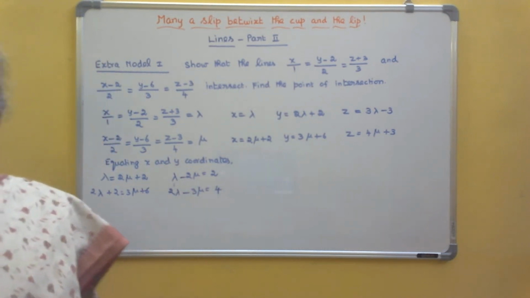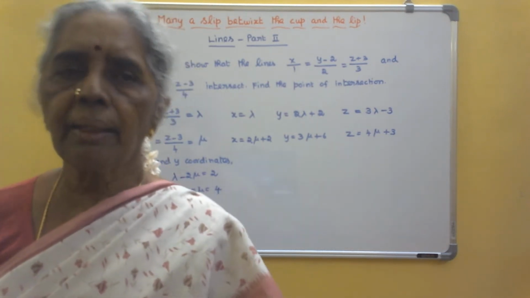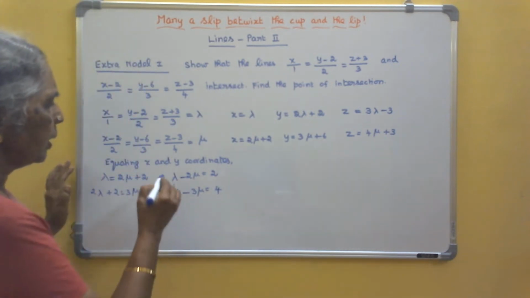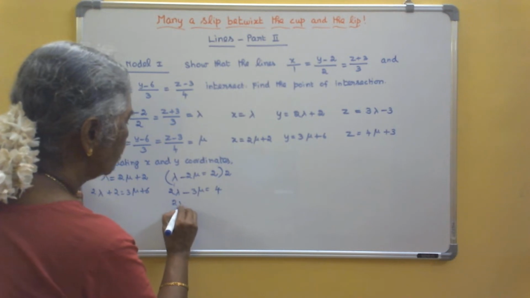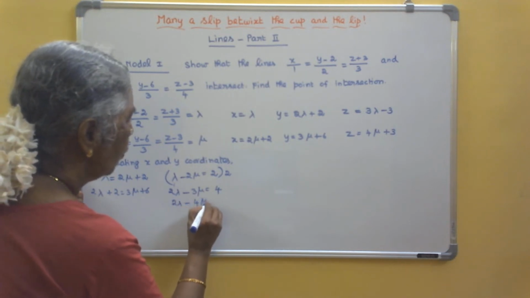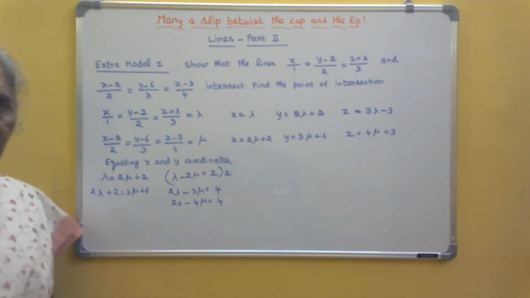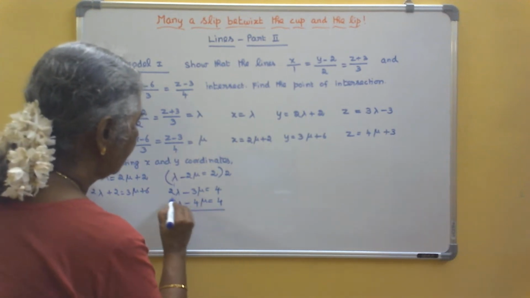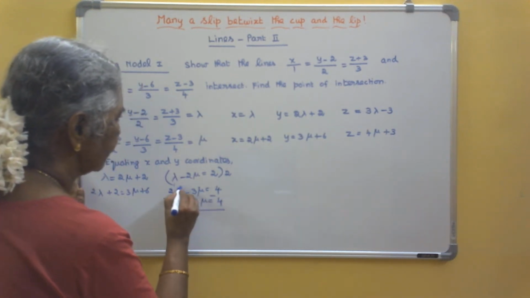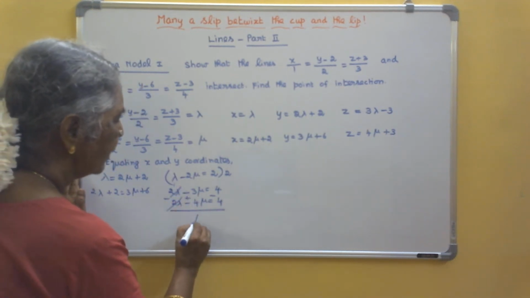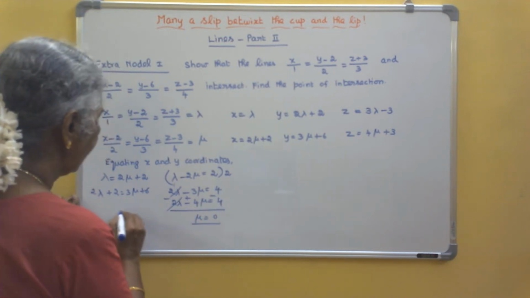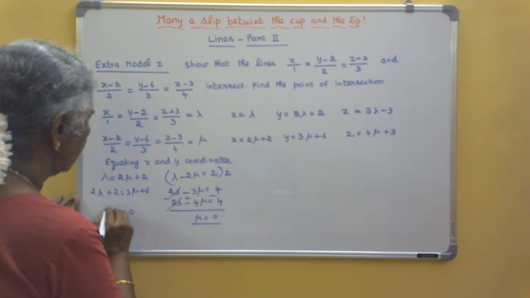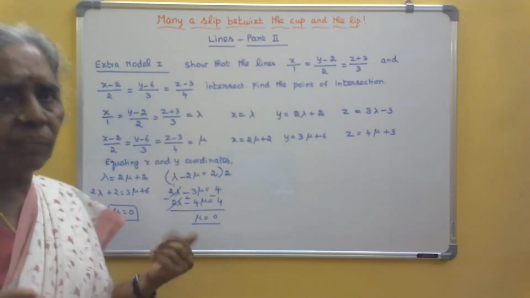So it is like simultaneous equations in lambda and mu. Now I can multiply the first by 2, so I get 2 lambda - 4 mu = 4. Now let us subtract. These two will go, I will get mu here, and 4 and 4 will go. So I am getting mu = 0.